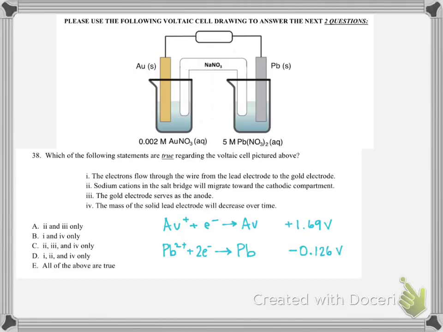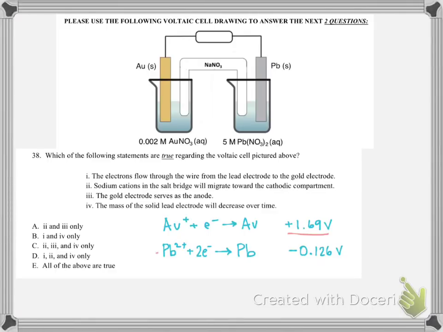And so I've written out both of their reduction half reactions here and the potentials from the table. So one of these is going to need to be reduced and one's going to have to be oxidized. And so we may as well pick the one that likes to be reduced as the side for the reduction. And that's going to be the gold because it has a positive reduction potential.